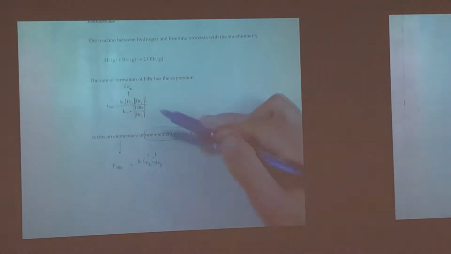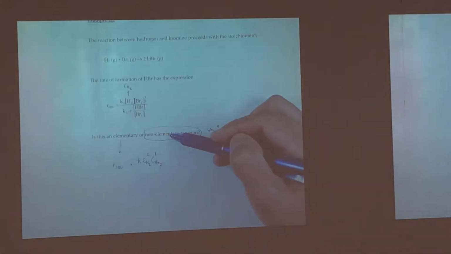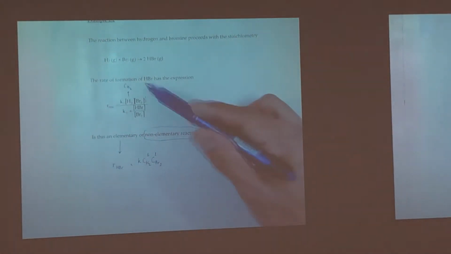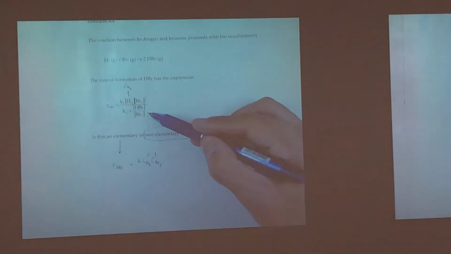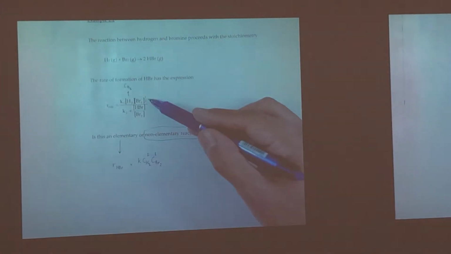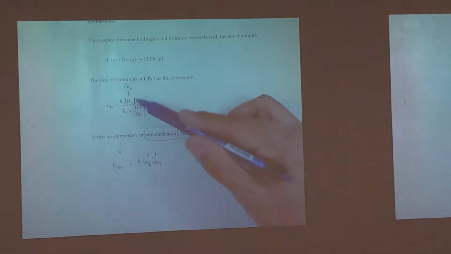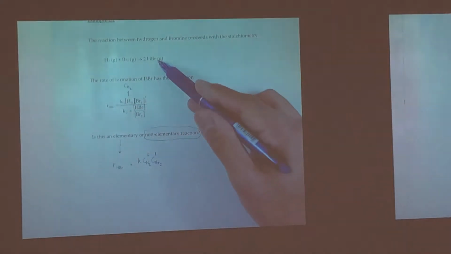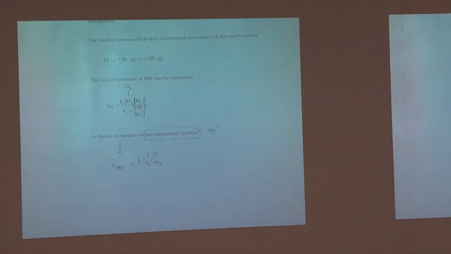So the answer is very straightforward: this is not an elementary reaction, because the rate of formation of HBr is a combination of everything, hydrogen also, bromine, and some more is the product.